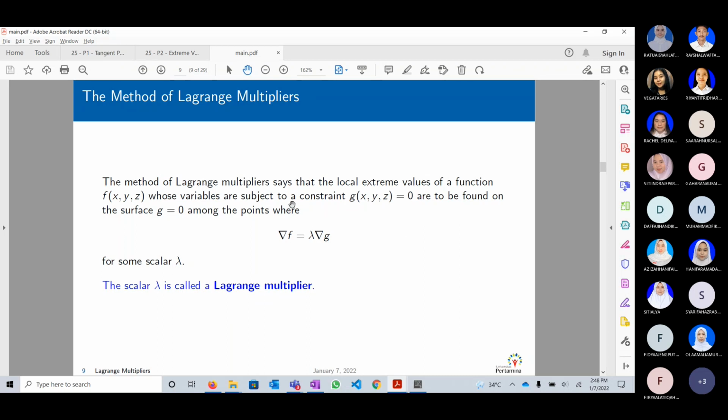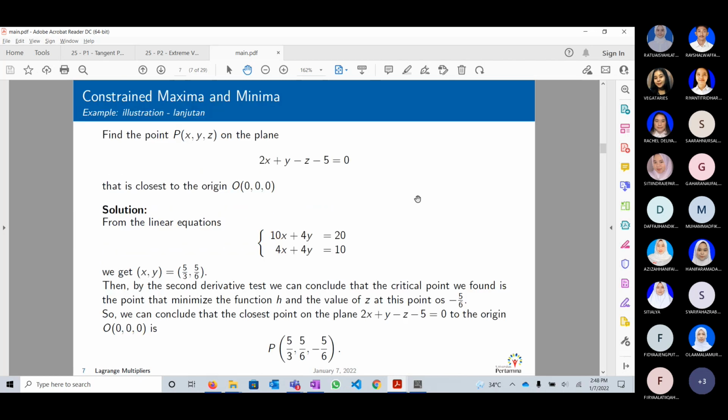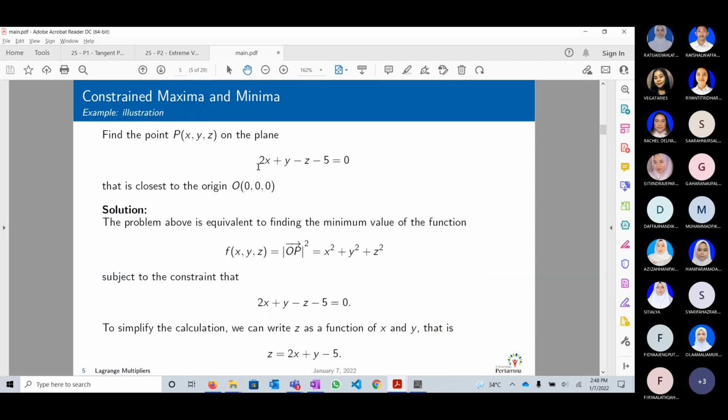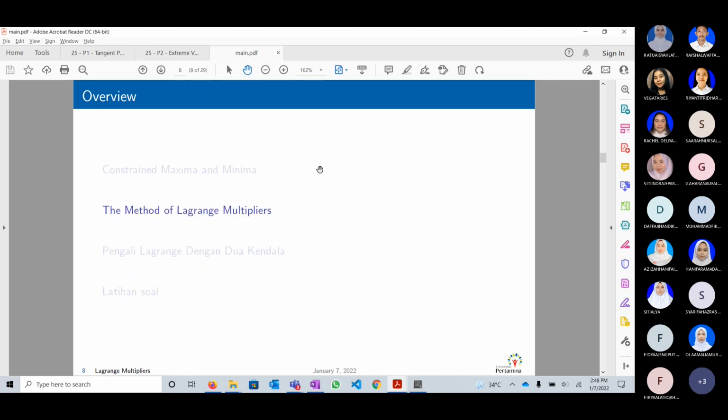Jadi di mana variabelnya itu harus memenuhi kendala ini. Jadi variabelnya itu harus memenuhi g(x, y, z) sama dengan 0. Contohnya di sini kita mau meminimumkan f(x, y, z) sama dengan x kuadrat plus y kuadrat plus z kuadrat, di mana x, y, dan z-nya itu harus memenuhi persamaan 2x tambah y min z min 5 sama dengan 0.